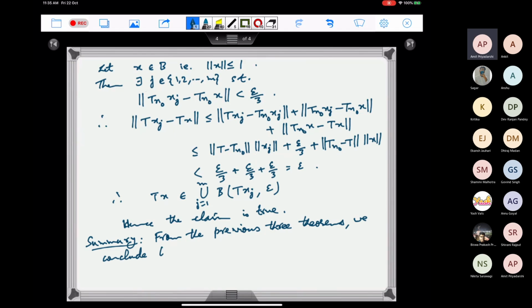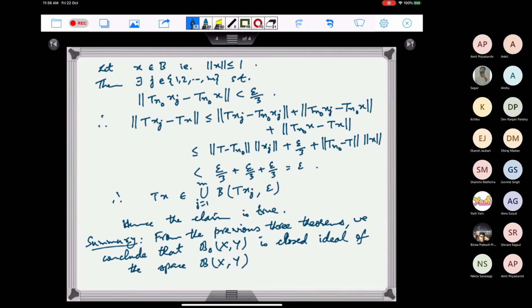We conclude that this B0 of xy is a closed ideal of the space Bxy. Right? Because Bxy is not just a vector space. We have multiplication also there. So actually, this is an algebra, and this B0xy is a closed ideal of that.